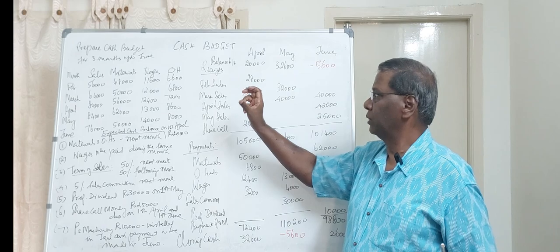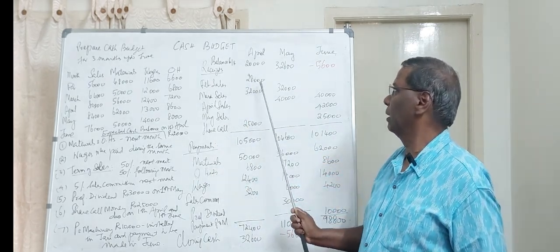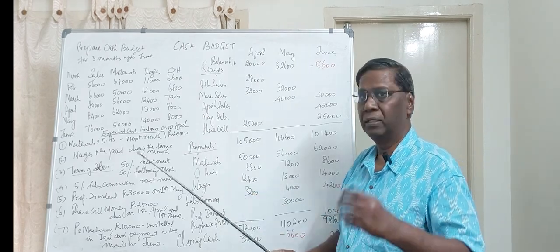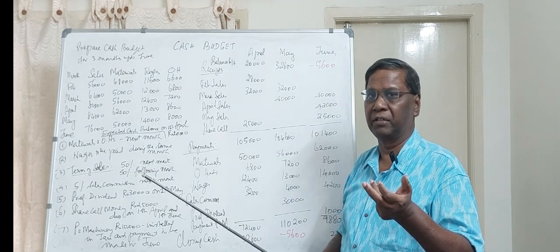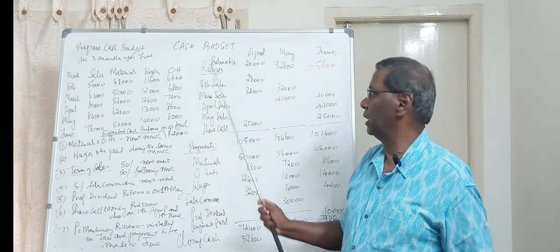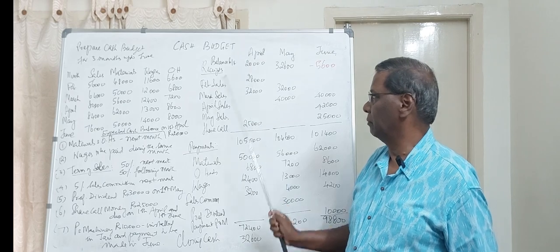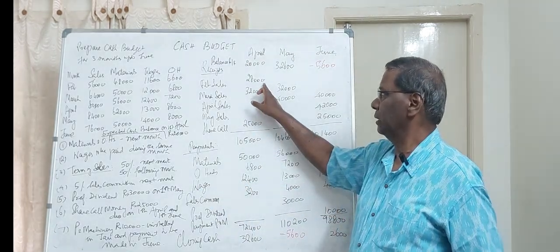So the other 50% of February will come in the month of April. Our period is only April, May, June, not March, so that will not come. So you have to put 28,000 here. You got the point?